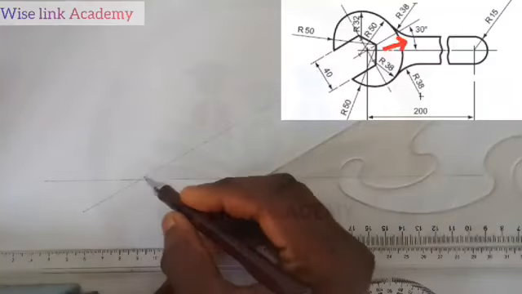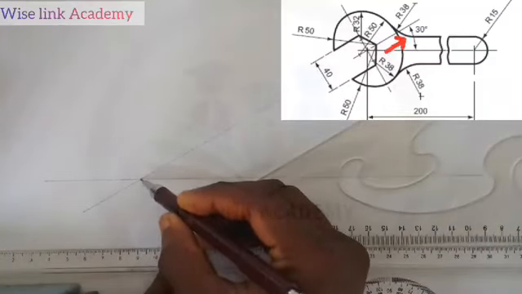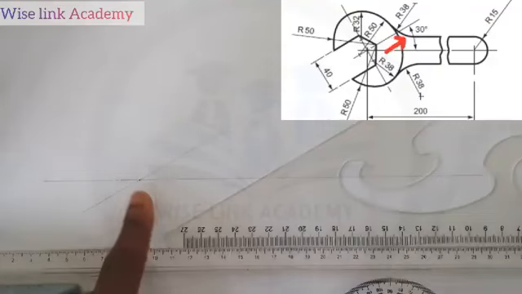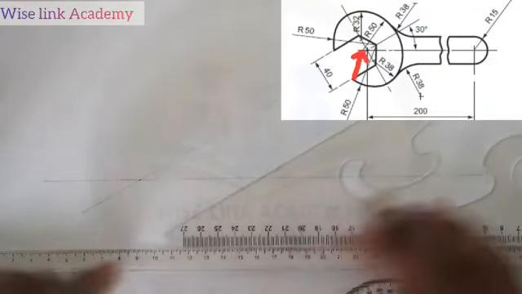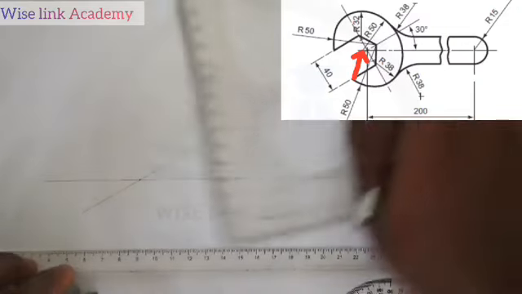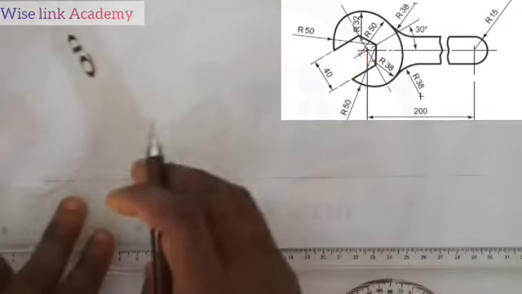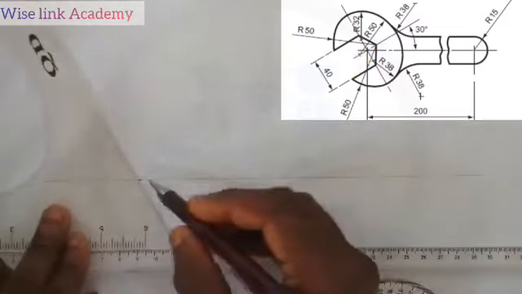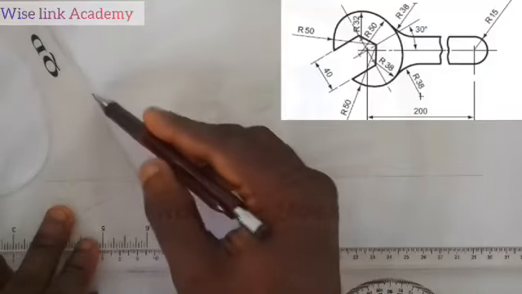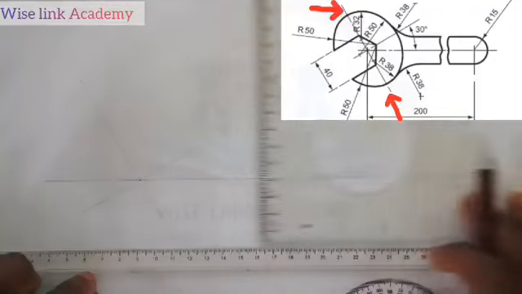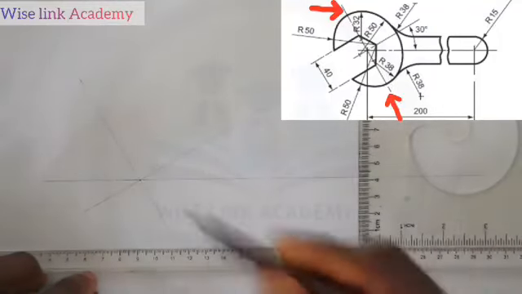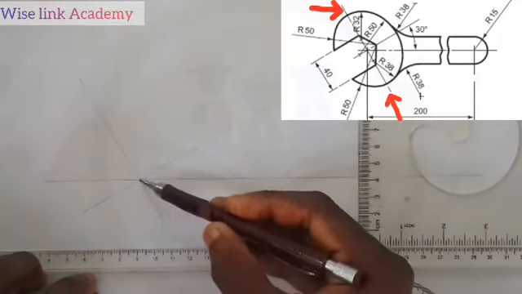Where they meet at this point here is the point you are seeing my arrow indicating. I will place my T-square this way at this point and draw a line downwards this way. As you can see what I have now, this point is what you are seeing my arrow indicating.